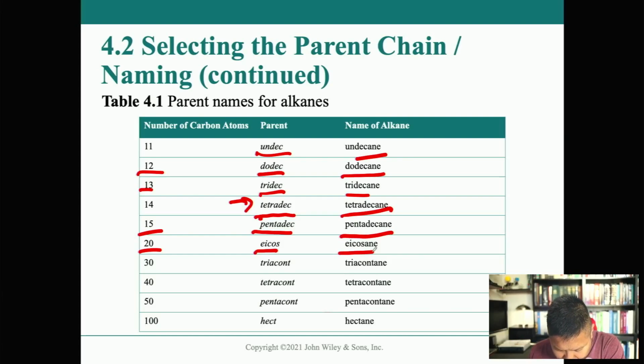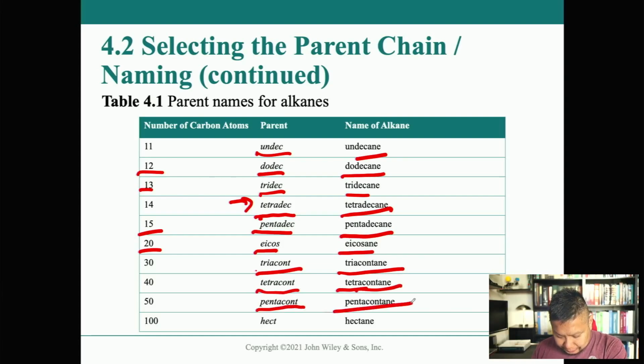Triacont. I've never actually had to say that before. So triacontane. Let me know in the comments below if you're watching this on YouTube if I'm even saying that right. That's 30 carbons. Tetracont, which is tetracontane, 40 carbons. Pentacont, pentacontane, 50 carbons. And then hect, which is hectane for 100 carbons, right?